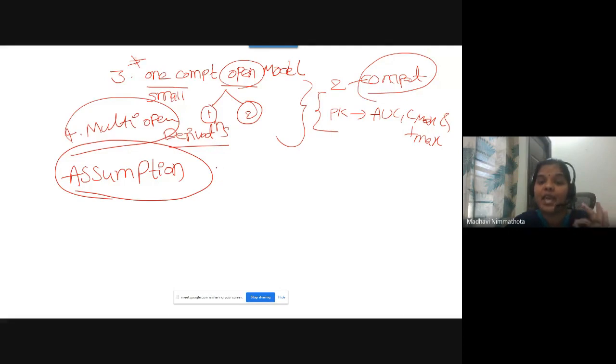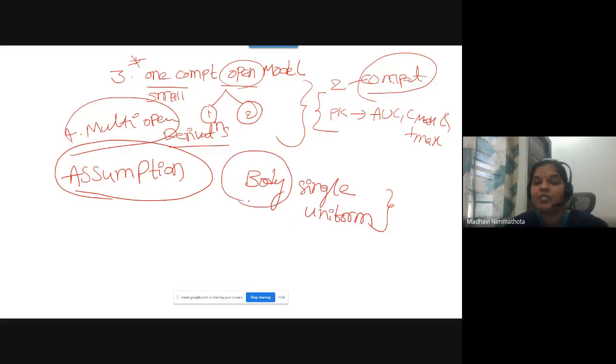The basic assumption of this model is that our body is a single uniform compartment, single uniform compartment. So generally in some compartmental types, you have multiple organs, and you assume that each and every organ is like one compartment. But here our total body is considered a single uniform unit.